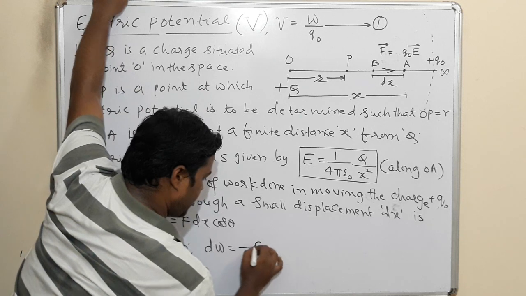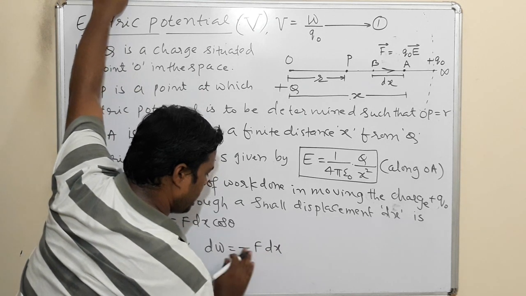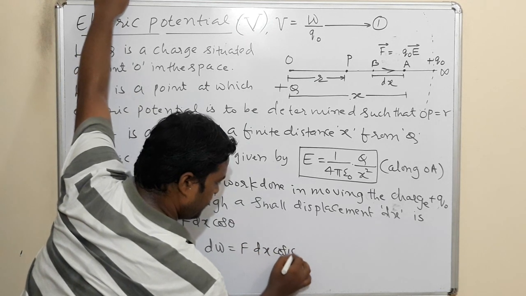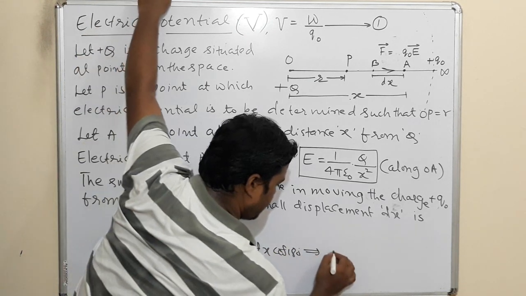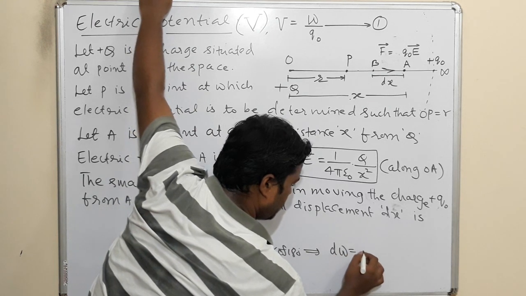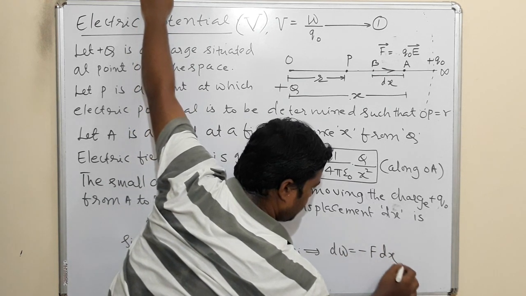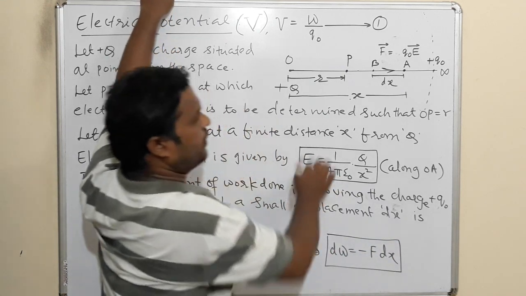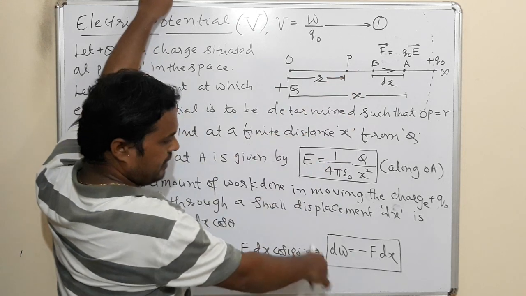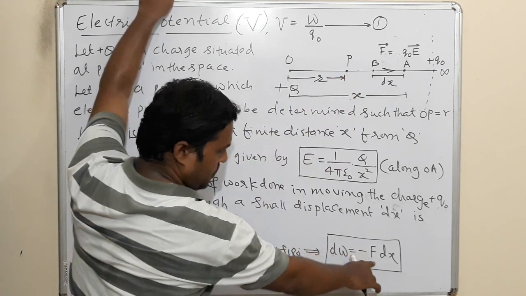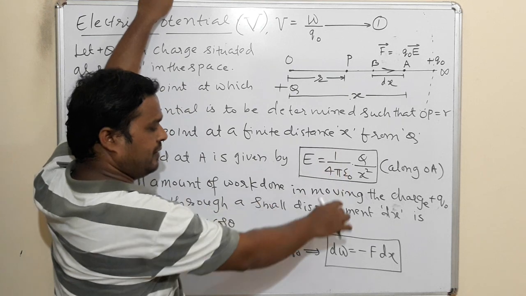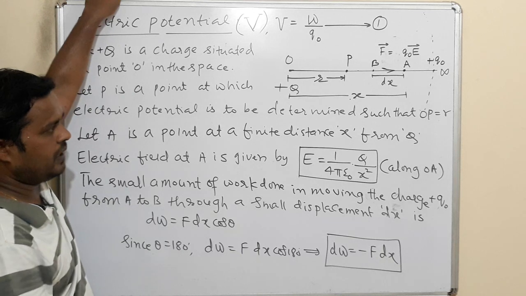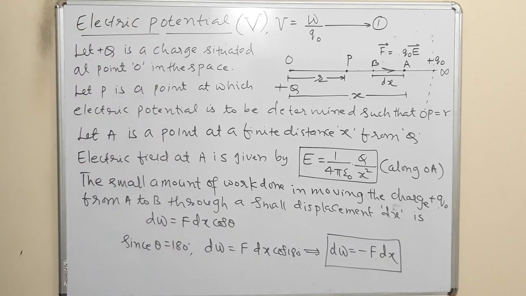Then dW is equal to F dx cos 180, which implies dW is equal to minus F dx. This is the small amount of work done. We know the value of F now. F is Q naught into E. Let us substitute Q naught into E, and in place of E we will write this, and try to find the small amount of work done. Okay, make a note of this. We will continue.